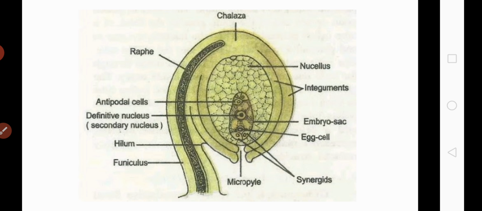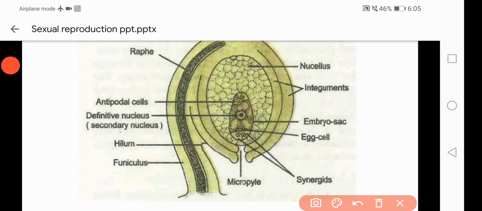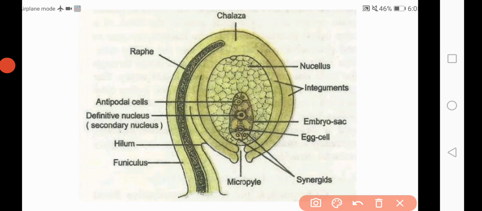Okay, now coming to the structure once again. Here the stalk of the ovule is called the funicle. So what is the meaning of hilum? Hilum is the junction between the funicle and the main body of the ovule. Correct? Now each ovule contains one or two protective layers, and these layers are referred to as integuments.